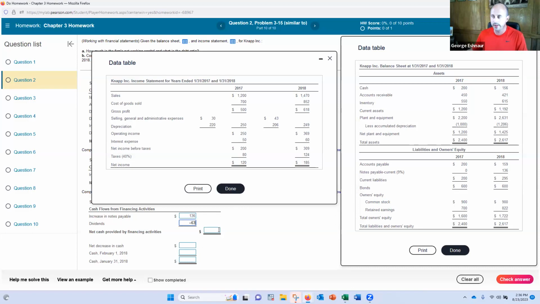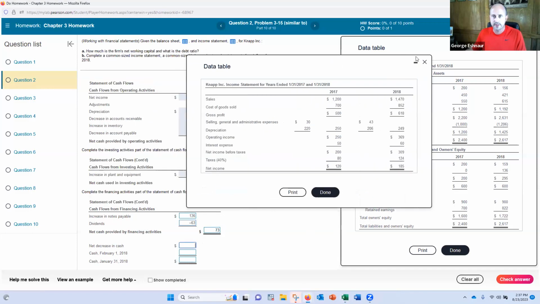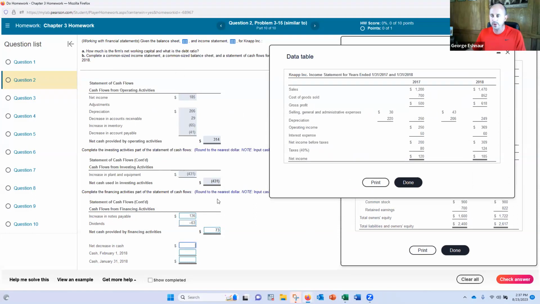Okay, so we've got that one, and then we just need to do the variance here and the net decrease or increase in cash. And that is putting these all together. 314, 431, and 73. So when I do that, it comes out to negative $44.